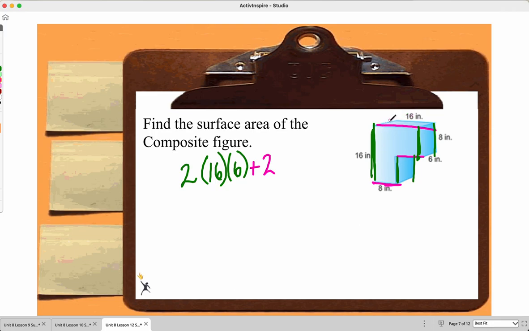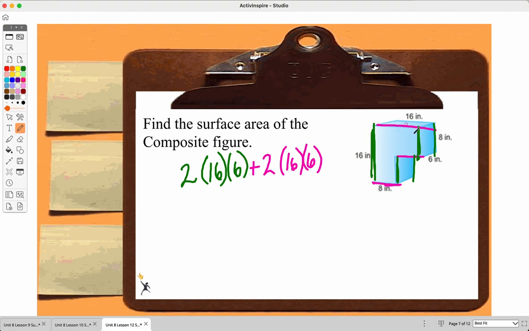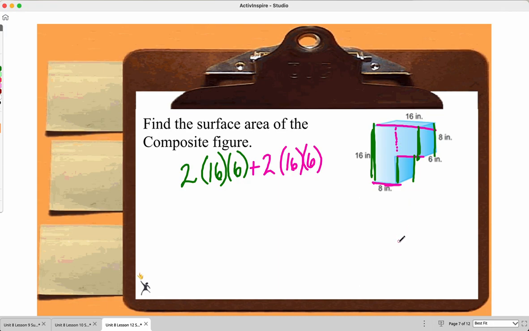I'm going to have the same idea, 16 by 6 again. Now, the one thing I have to do is I'm going to have to split up this special face. I'm going to have to split this up to find my lateral faces, to find this face because it's different. So I've got a front and a back.